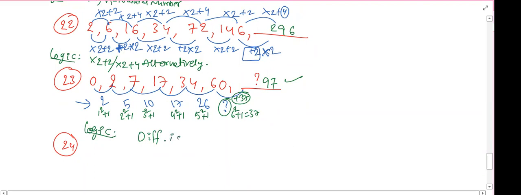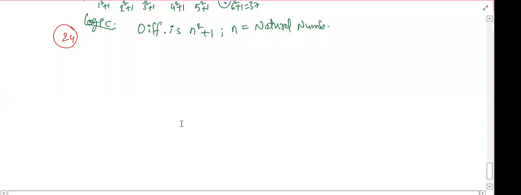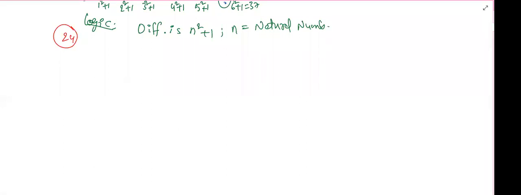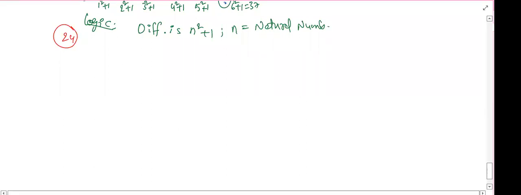Difference is n square plus 1, where n is a natural number starting from 1. Again, difference and multiples.